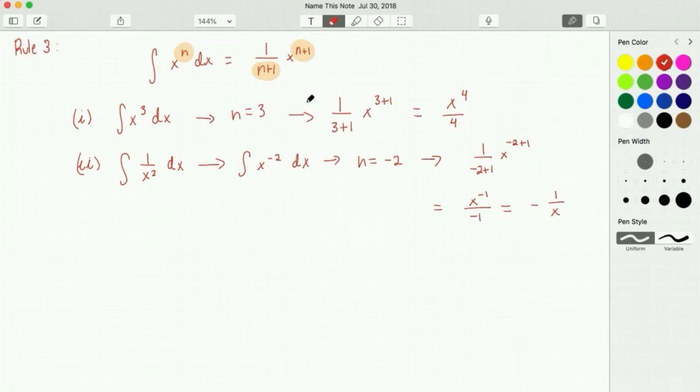So that's the basic definition for taking the integrals of any function. One exception that I do have to point out, and you have to be able to recognize this exception when you are doing it on the test, is when we have n equal to negative 1.